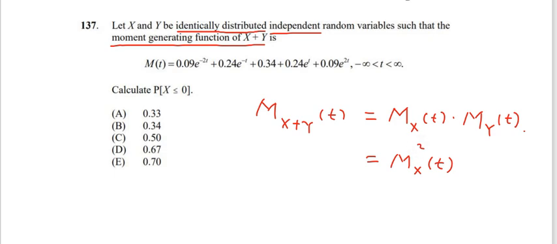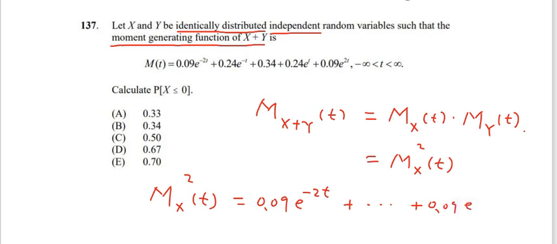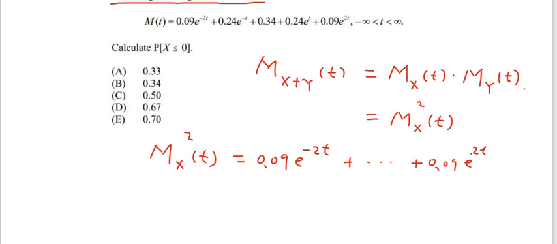So we have this, M_X(t) squared equals this, 0.09 e^(-2t) plus this. So what is M_X(t)? M_X(t) should be equal to something squared, right?